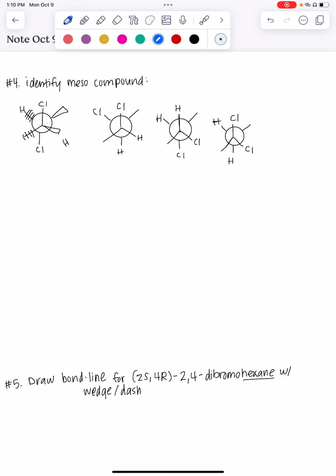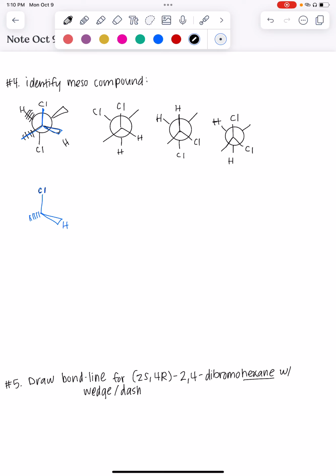I'll look at the front carbon first. We'll make it blue. And I've got a Cl that's in plane. I've got a methyl group that's coming away. We'll leave that off. And we've got a hydrogen that's coming towards us.